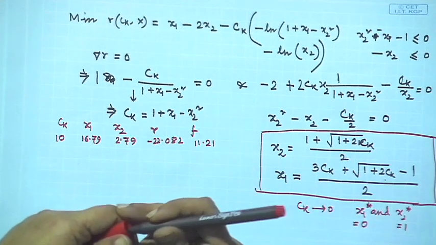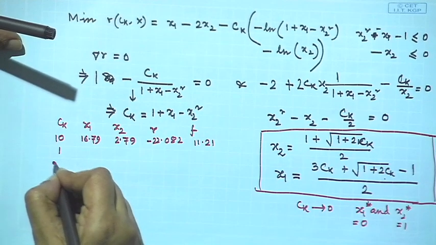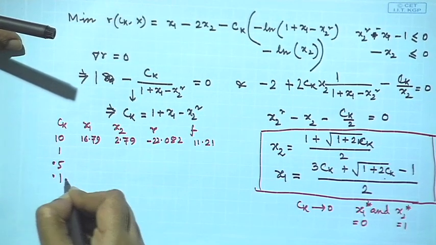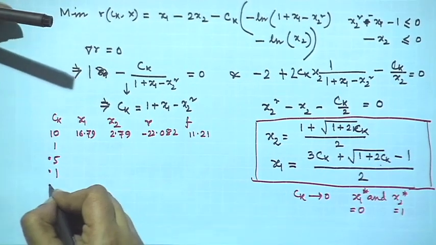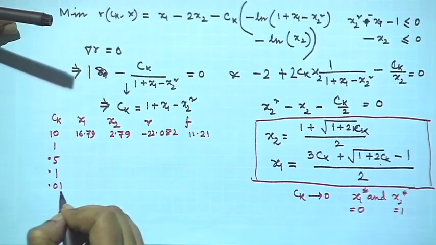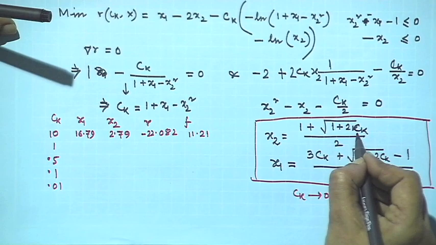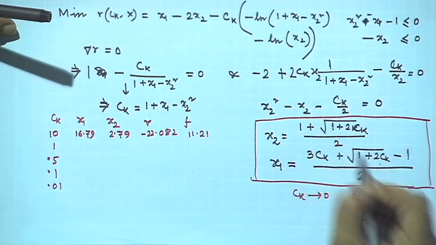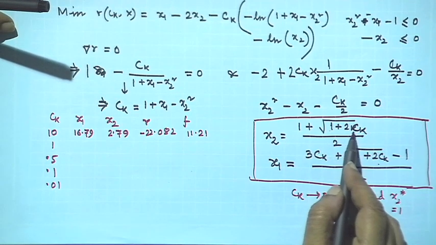If we just do it for other values, 10, 0.5, 0.1, 0.01, any problem? If c k tends to 0, this is 1 plus 1 divided by 2, that is 1, and c k tending to 0, this is 0.